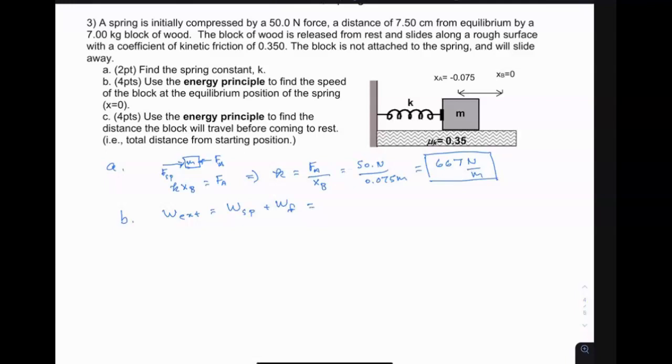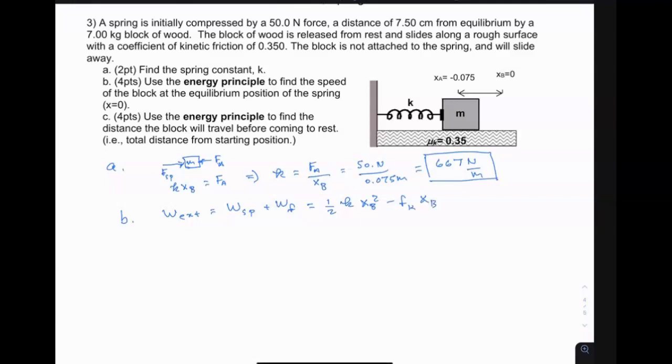The work done by the spring is going to be equal to 1/2 K times the change in distance squared, which is just going to be XB squared, minus F sub K times XB.